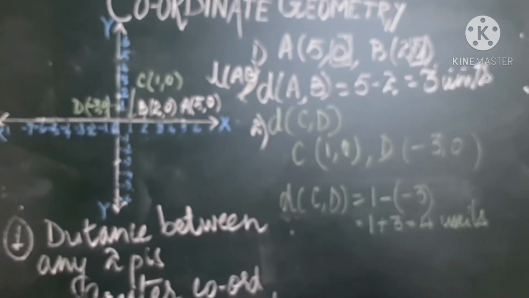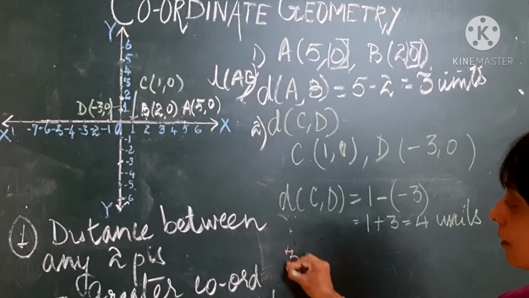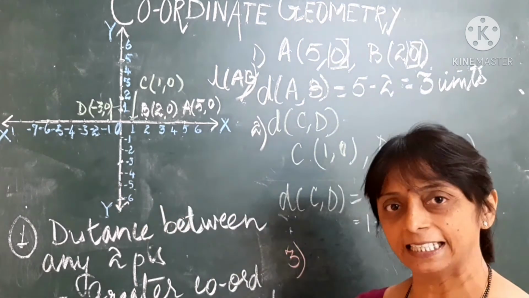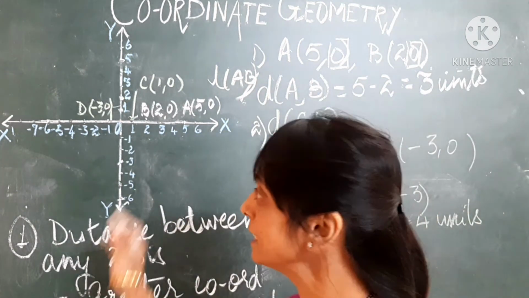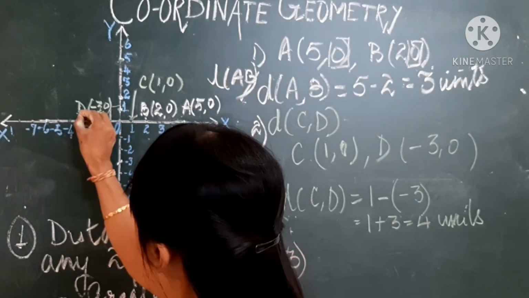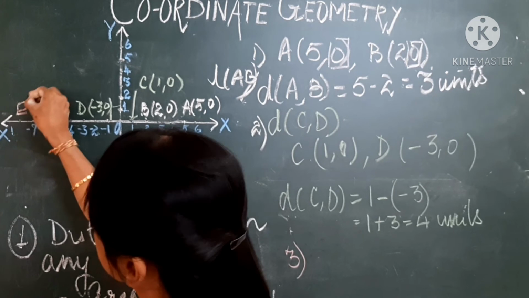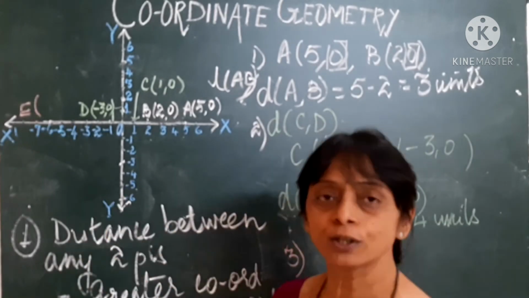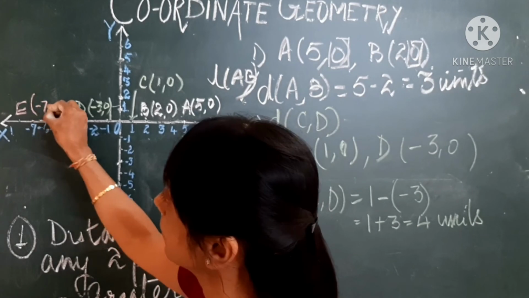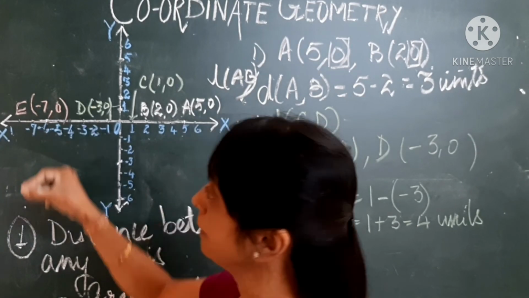Let's take one more example, children. Now over here, let's take the same point D and take another point in succession towards the left. Let's take D, and this is point E. So what are the coordinates over here? For point E, it will be minus 7 and y coordinate will be 0 as it is lying on the x-axis.